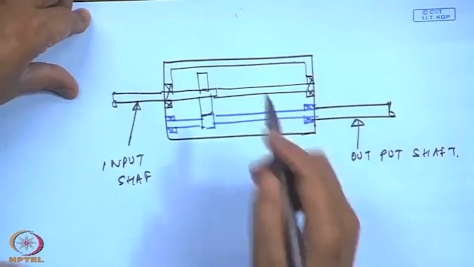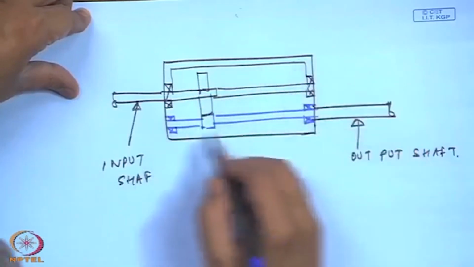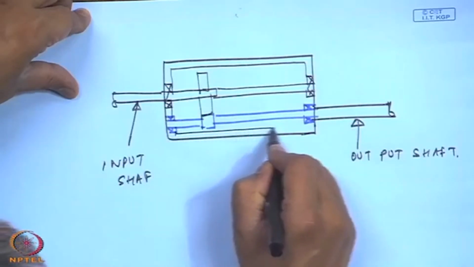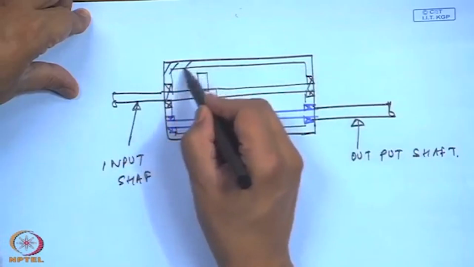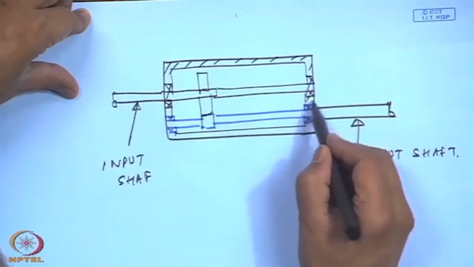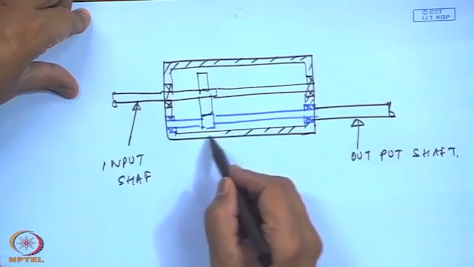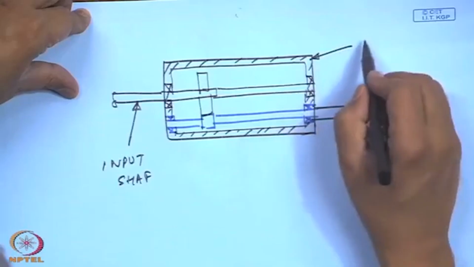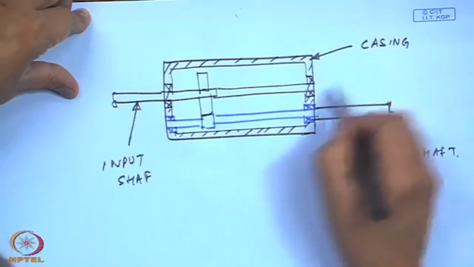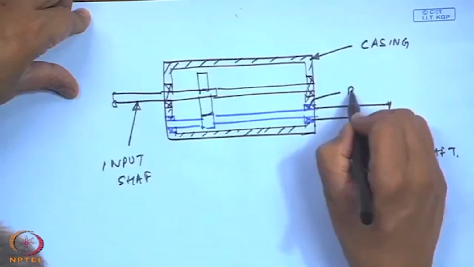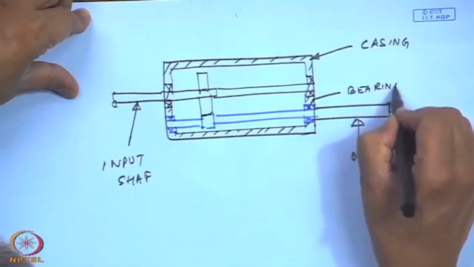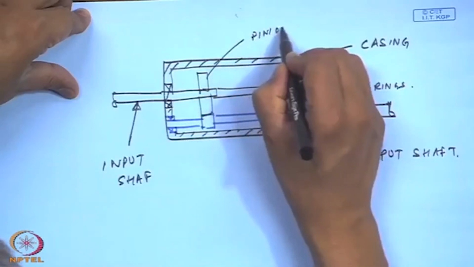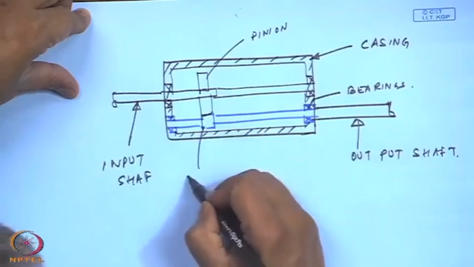This is just to demonstrate to you how a simple gearbox looks like. This is the casing. These are the bearings, and this is usually known as the pinion gear, pinion, and another gear.